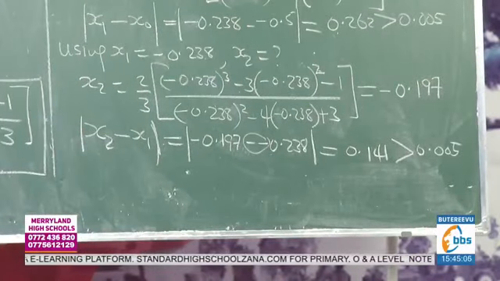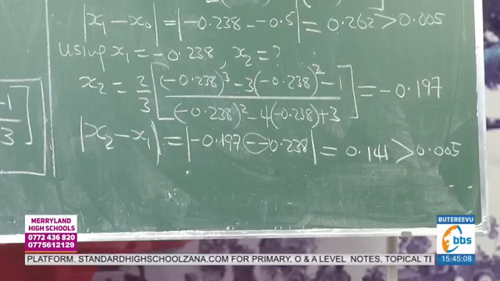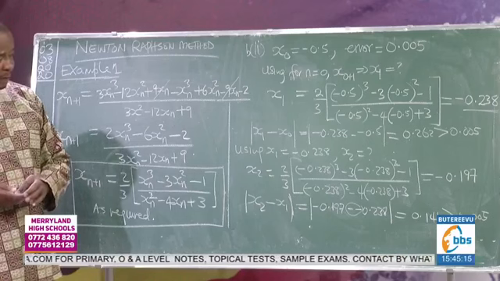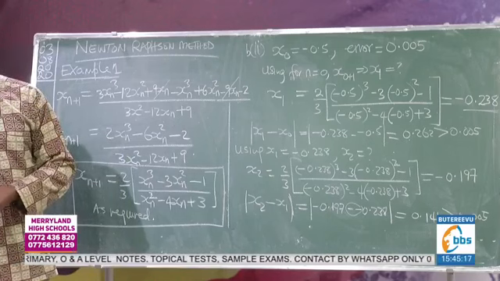So that confirms again that negative 0.197, much as it is less than 1 negative and also less than 0, it is not yet converging to the root we want.